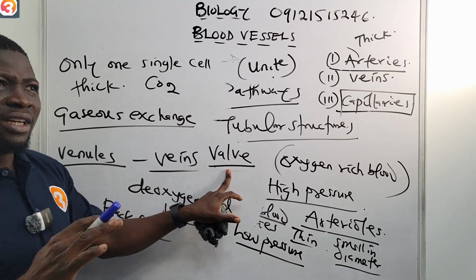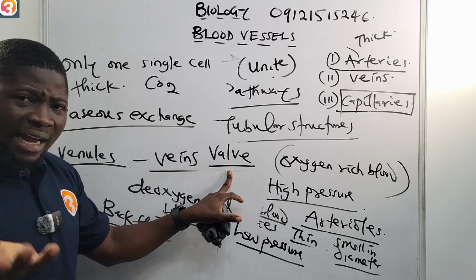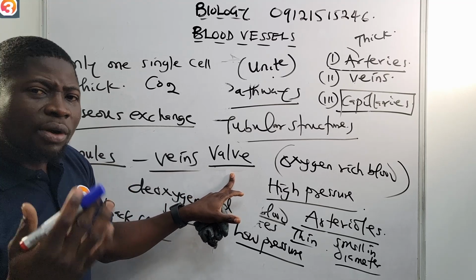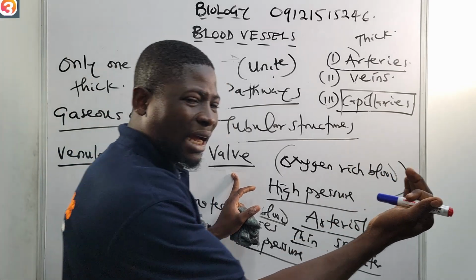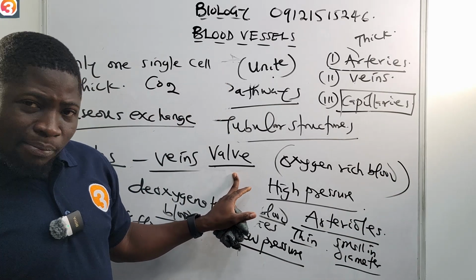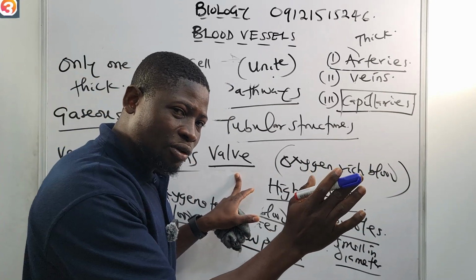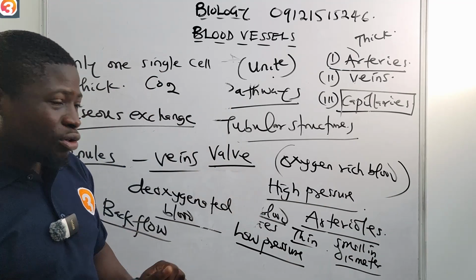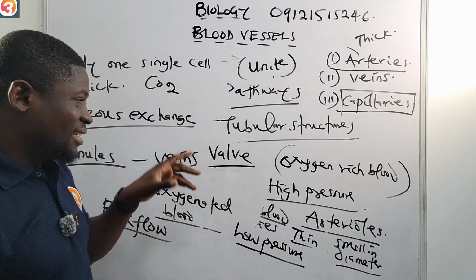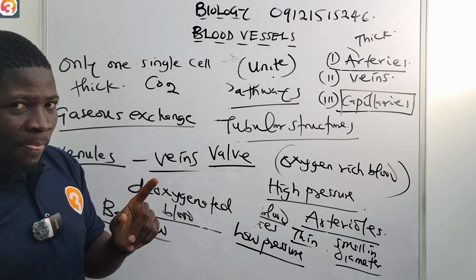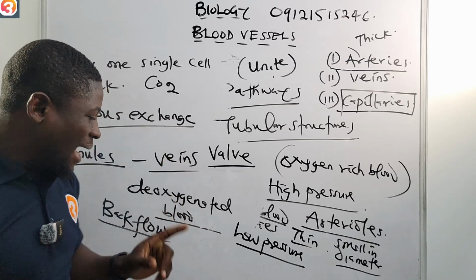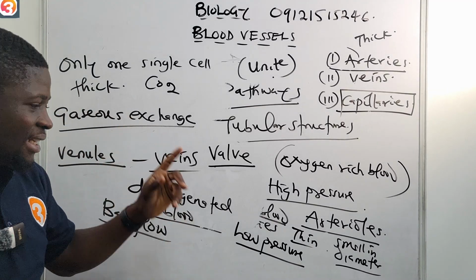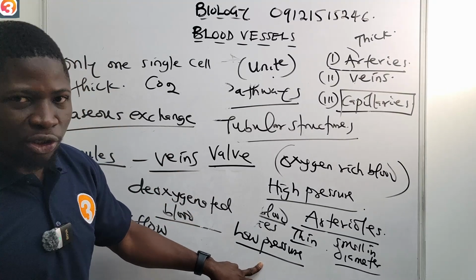So this valve, the way you see it, you know what a valve is now? It's like a one-way door. Blood can go through, but blood cannot return back. So that is a special structure called the valve, present in the veins, that prevents the backflow of blood, because the blood going back to the heart through the veins is at low pressure.